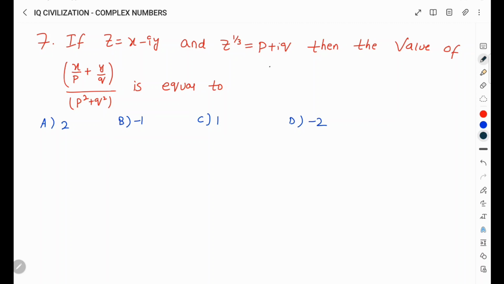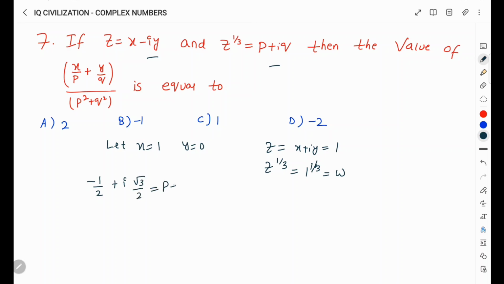See, this one we can directly do by the substitution method. So what we will do is, let x value be 1 and y value be 0. So z is equal to x plus iy only, right? So this becomes 1. And z power 1 by 3 is 1 power 1 by 3, that is omega. We know the cube roots of unity: minus 1 by 2 plus i into root over 3 by 2 is equal to p plus iq form. So this is p and this is q.